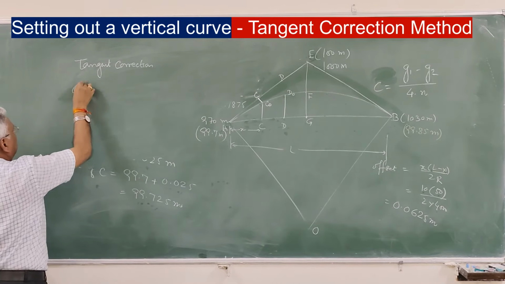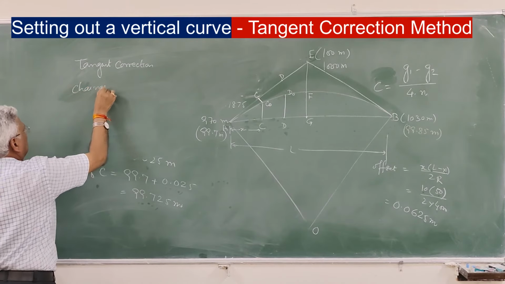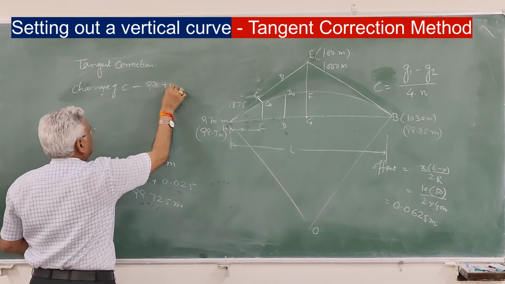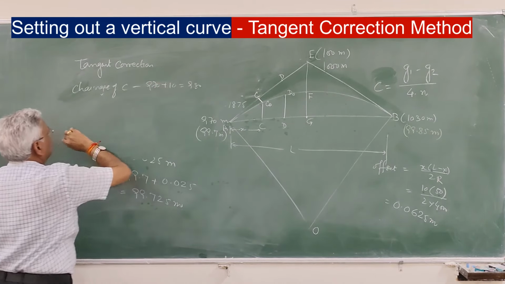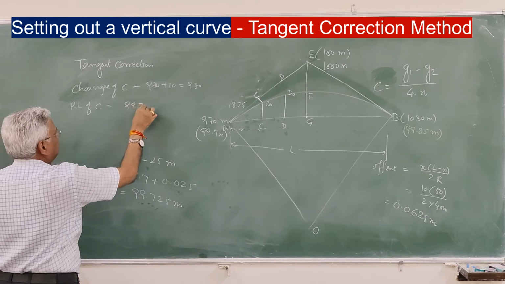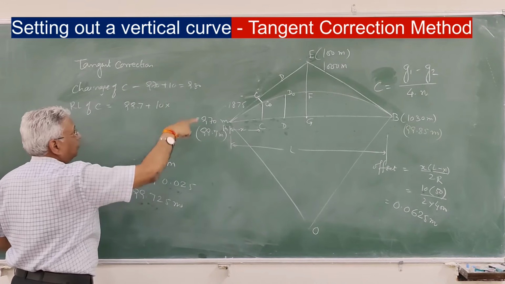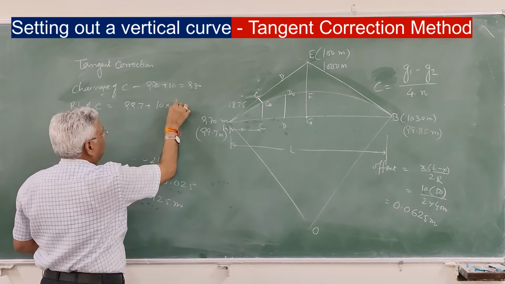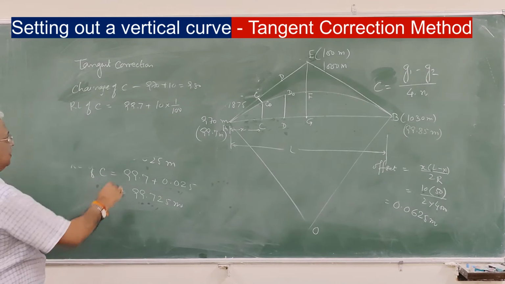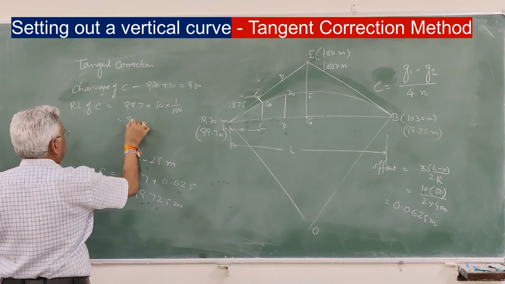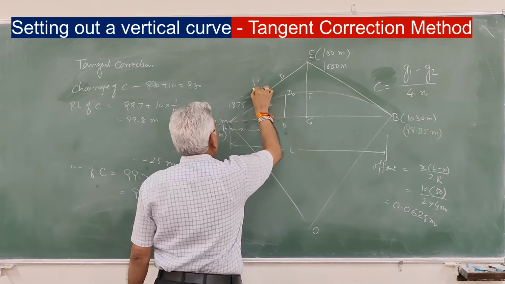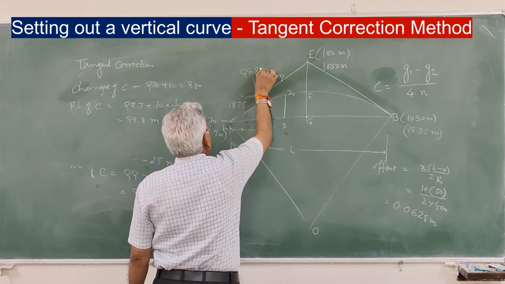Now chainage of C, 970 plus 10, that is 980. RL of C, 99.7 plus 10 into 1 by 100, that is the slope, so it will be 99.8 meter. That is the RL of this point, 99.8 meter.